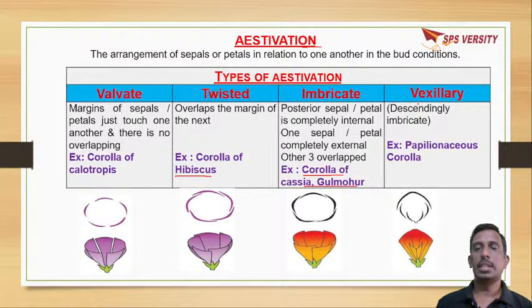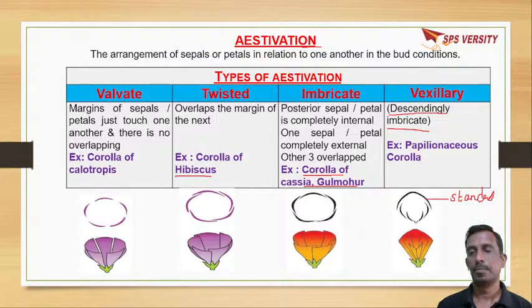Next is vexillary estivation. So which is also called descendingly imbricate. It is present in Fabaceae members. Here you can see there is a large petal which is outside, which is called standard petal. And below this there are two petals.